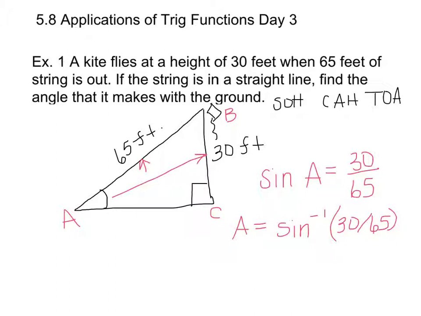And once you put that in your calculator, you should get that A is approximately 28 degrees. So just remember, if you have to find the angle, you have to use the inverse keys.